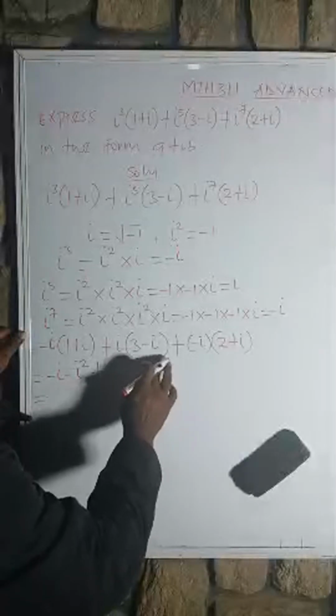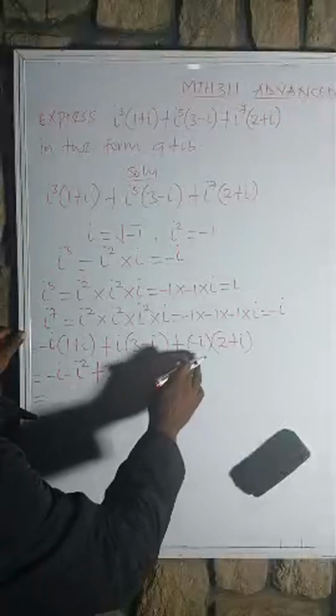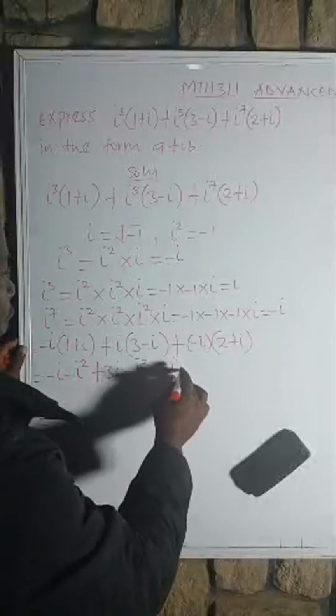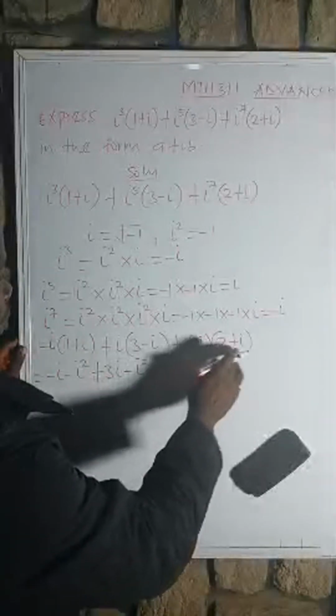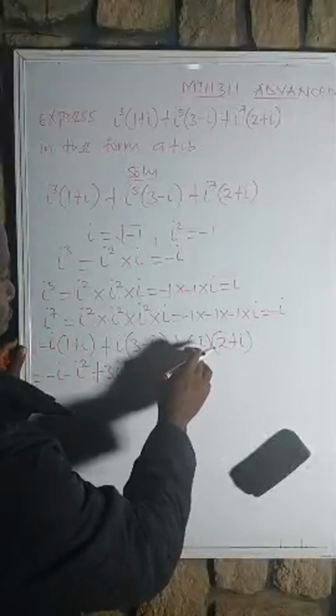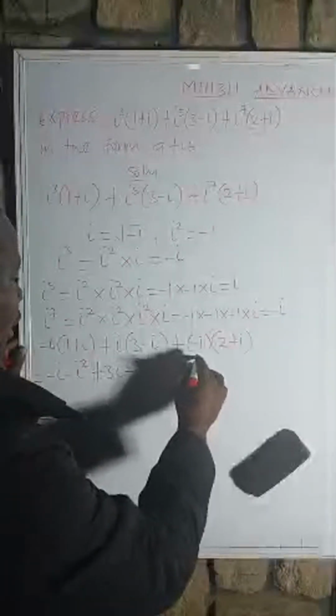Then plus times minus, so minus I times 2 is minus 2I. Then minus times plus is minus I times I, minus I squared.